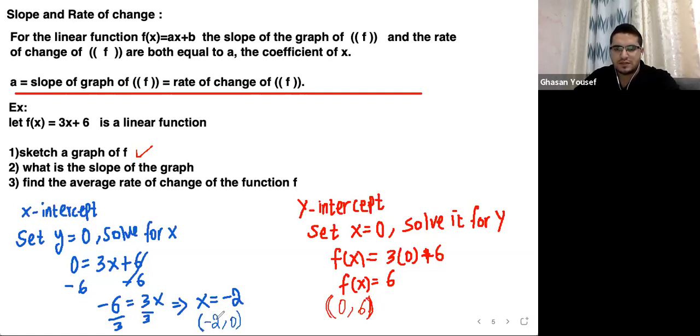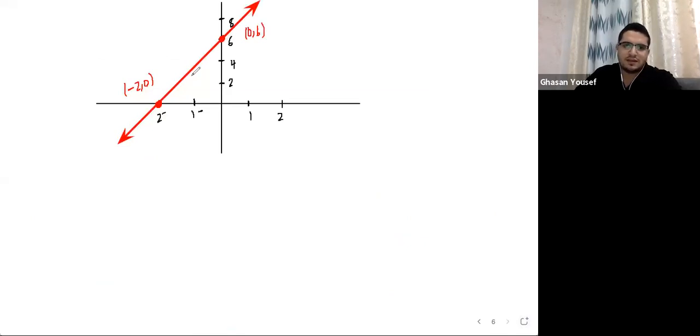Now you represent these 2 points in the Cartesian plane: (-2, 0) is here, and the second point (0, 6) is here. Then you draw a line between these 2 points, and this is the graph of the linear function f of x.